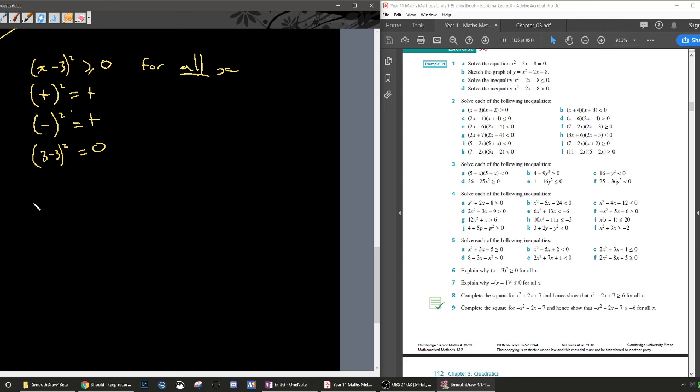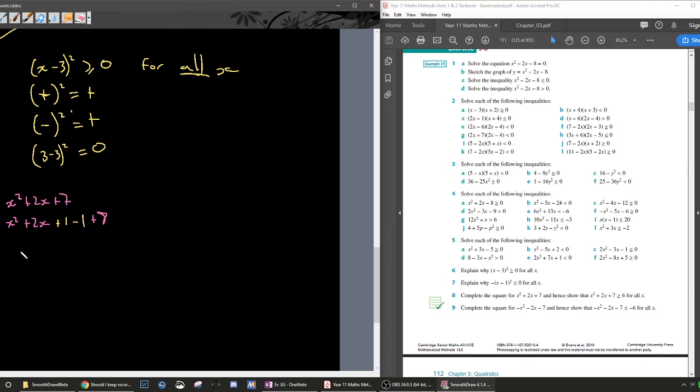Complete the square for x squared plus 2x plus 7, and hence show that x squared plus 2x plus 7 is greater than or equal to 6 for all x. So what's going on here with this greater than or equal to 6? Well, let's complete the square. x squared plus 2x plus 7 is the same as x squared plus 2x, halve the 2, which is 1, then square it. 1 squared is 1, so we get plus 1 minus 1 by completing the square, plus 7.